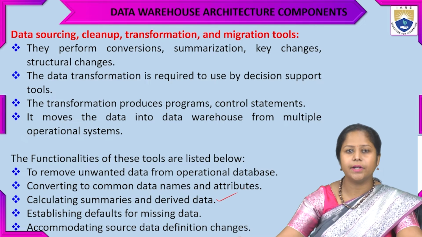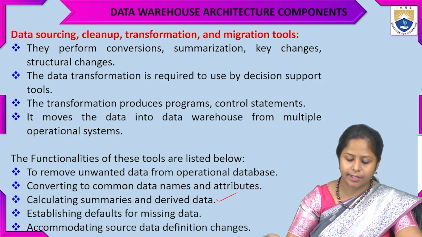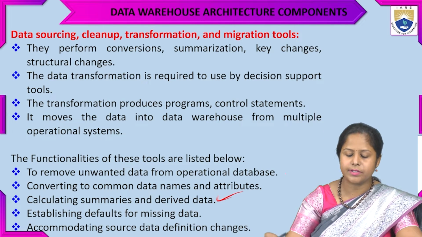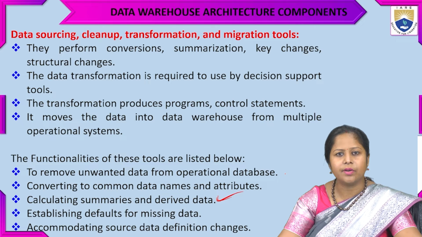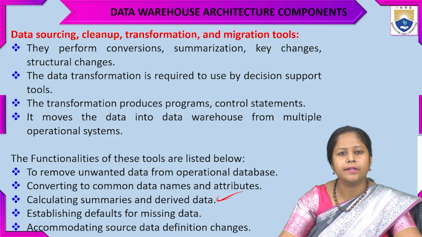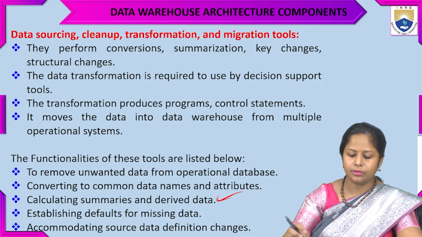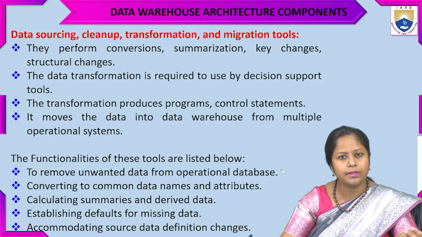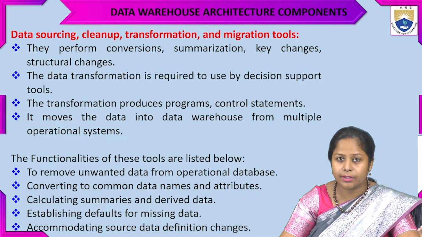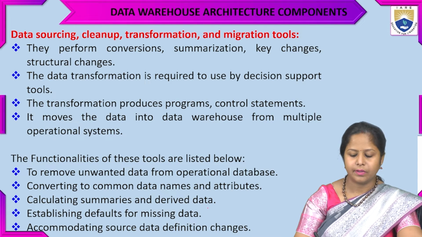They also calculate the summary and derived data. What is derived data? After the transformation, the data we get is called derived data. So these tools summarize and use the derived data, and after that we can calculate the results also.